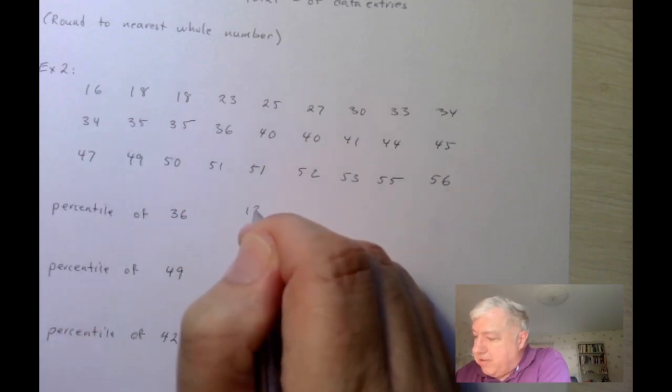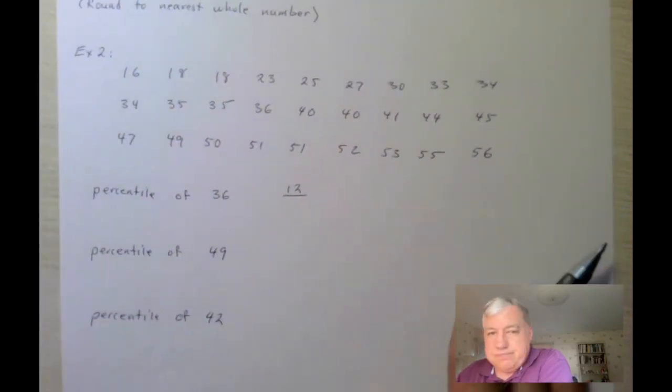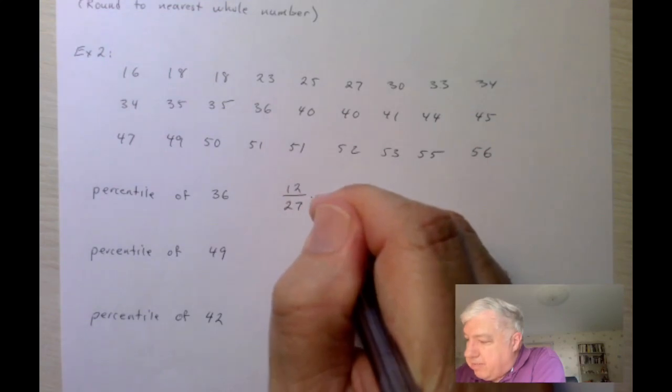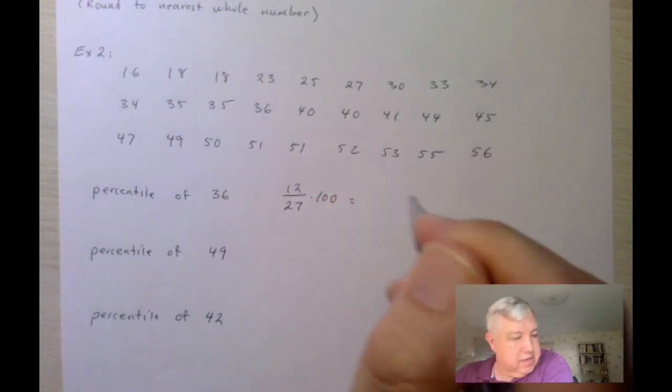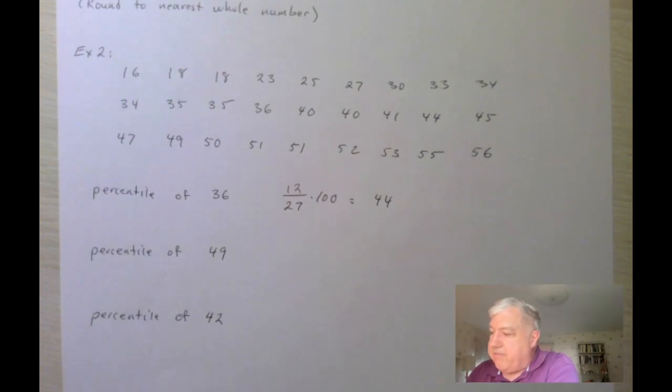So this would be 12, and there are a total of 27 entries here. So 27 data entries. We multiply that by 100, and this turns out to be 44. So that would be the 44th. The score of 36 would be in the 44th percentile.